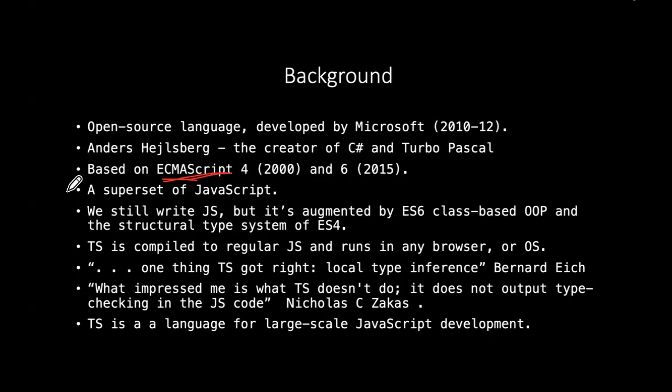TypeScript has to be compiled, and the output of that compilation is plain old JavaScript. The JavaScript you can then execute using either Node or within the browser. So TypeScript is a compile time language and what it compiles to is JavaScript. Put another way, JavaScript is the runtime form of the TypeScript language, which is the point that I'm making here.